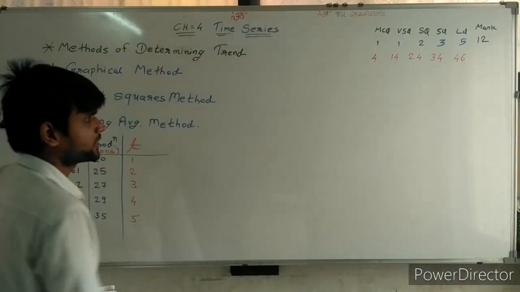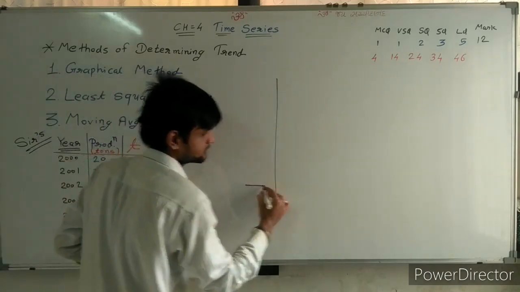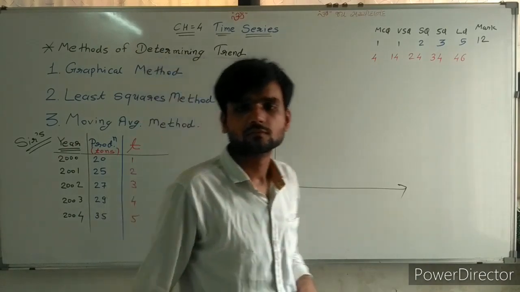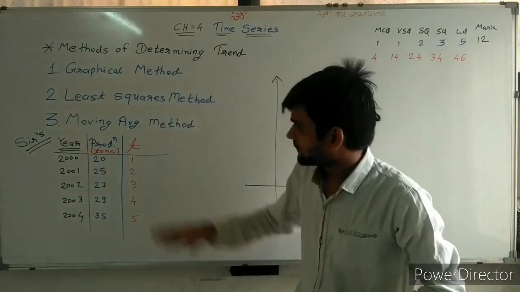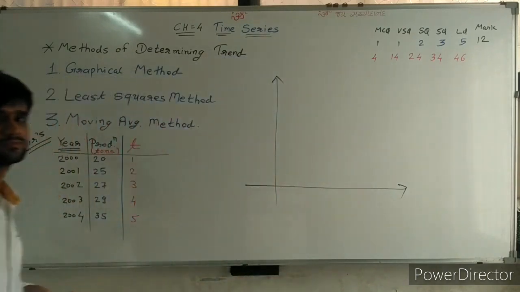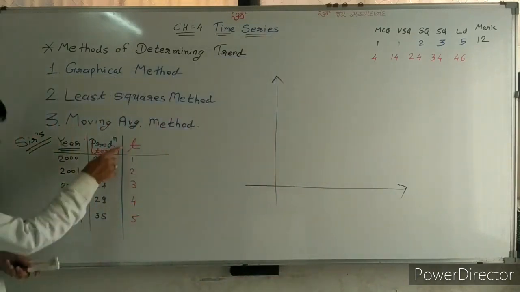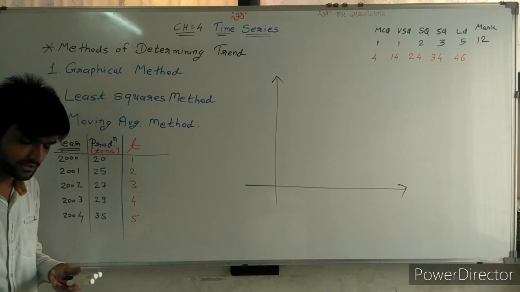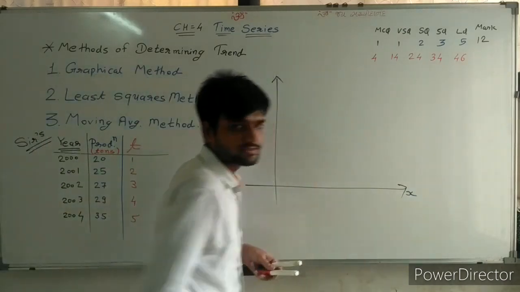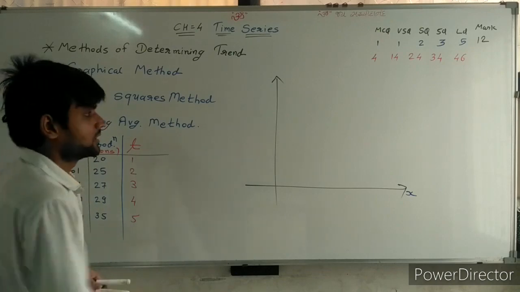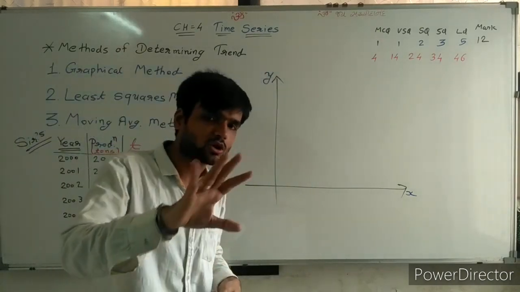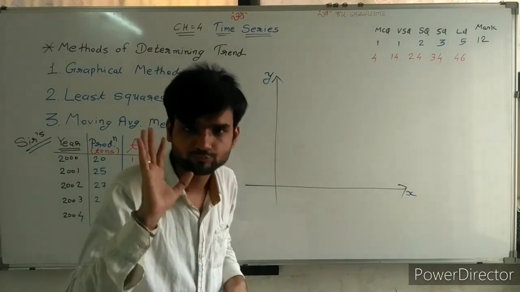See and try to understand. Graphical method is the easiest method. Sir, time is the independent variable, and the independent variable is always written on the x-axis. On the y-axis, the dependent variable is written. That all of you know.